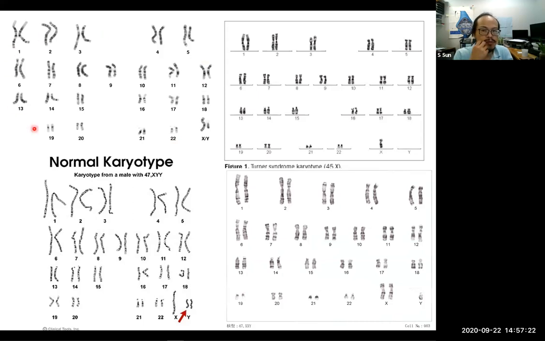You can swab the skin cells in your mouth, and then look into the nucleus, and we can stain this. You can see a dark band, light band. We line them up by size from the longest to the shortest. And in the end, we have XX or XY. So this is a typical normal karyotype.